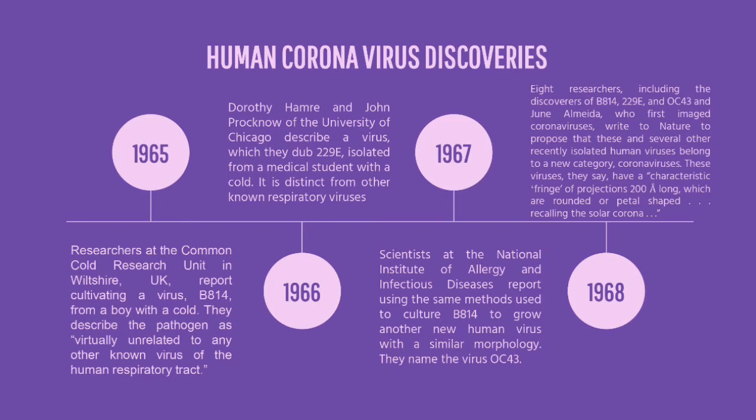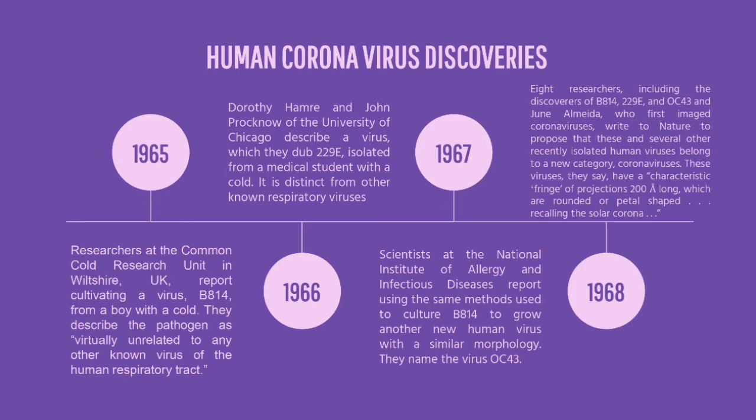In the year 1967, scientists at the National Institute of Allergy and Infectious Diseases reported using the same methods used to culture B814 to grow another new human virus with a similar morphology. They named the virus OC43.